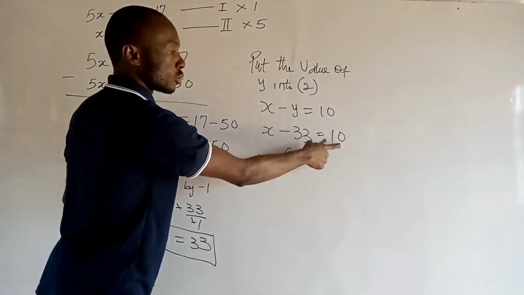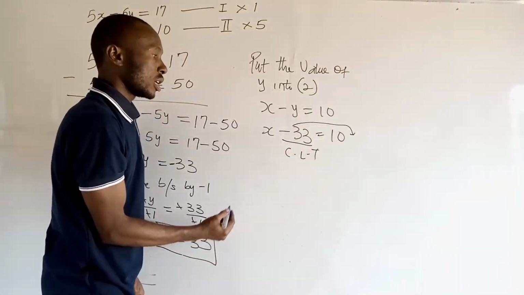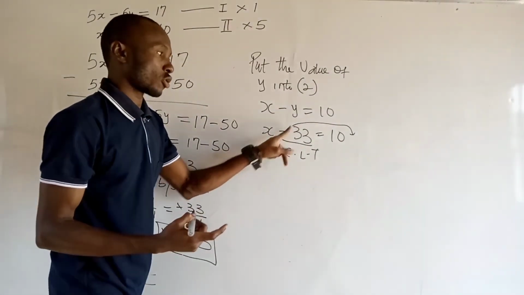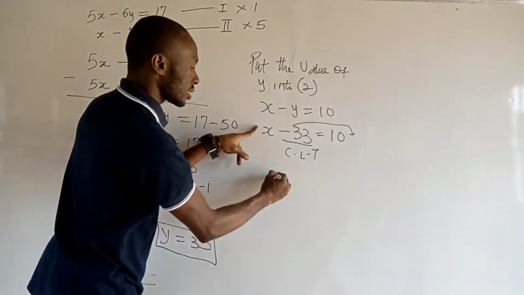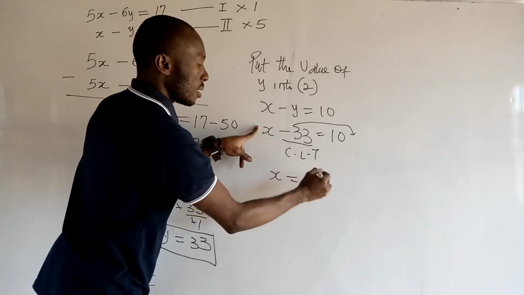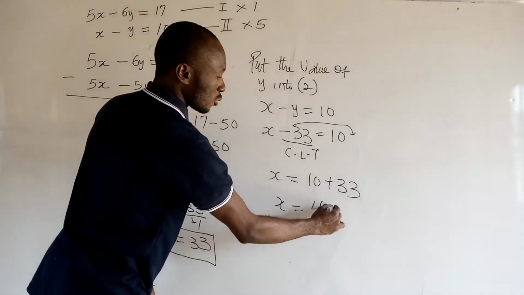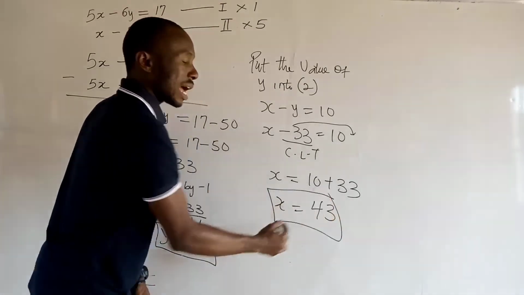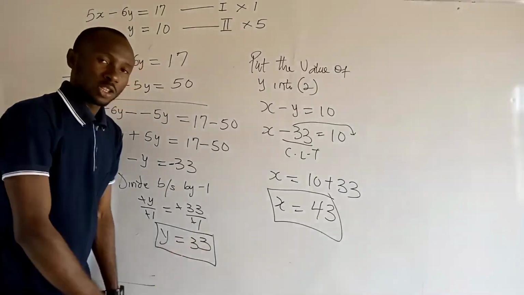This is a like term to this. So, leave this place and go to this side of the equation. And take note, when a negative number is crossing the equality sign, it changes to a positive number. So we have x is equal to 10 plus 33. And finally, our answer is equal to 43. Now, we've gotten the value of x to be 43 and the value of y to be 33.